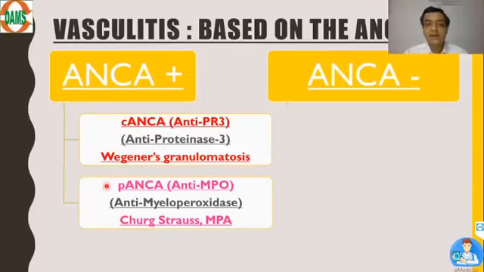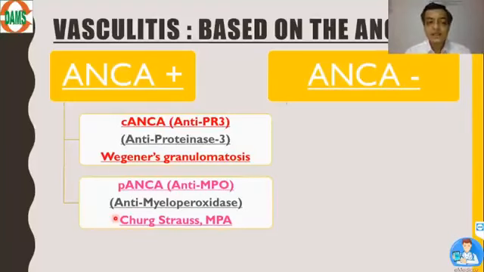And under that heading, we have two differentials. One is Churg-Strauss syndrome, the other is MPA. MPA is microscopic polyangiitis, which we have already written under pathology.